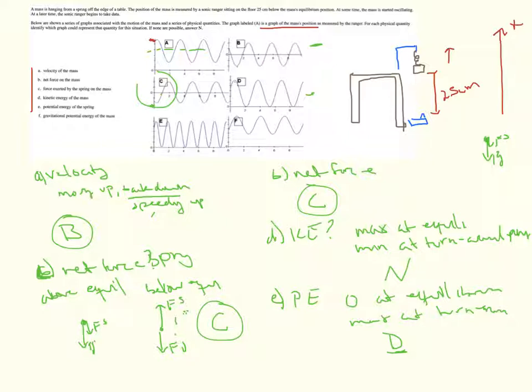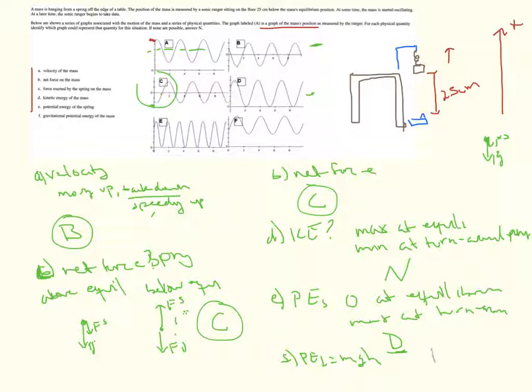And the gravitational potential energy of the mass is going to change with the height. So the PE gravitational should be mgh. The height's going to be getting bigger as we go up, and then it's going to be getting less, but it's never going to be negative, and it's never going to be 0.